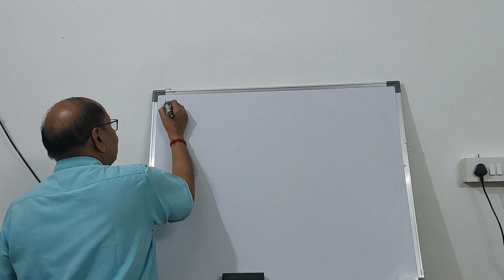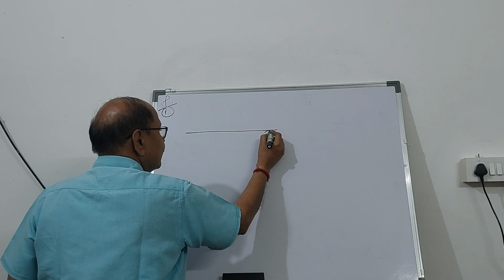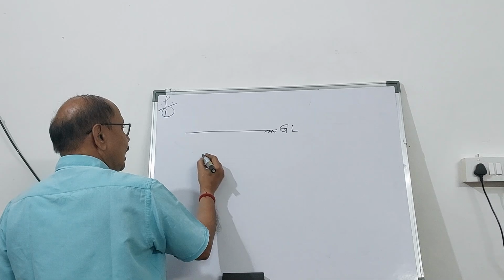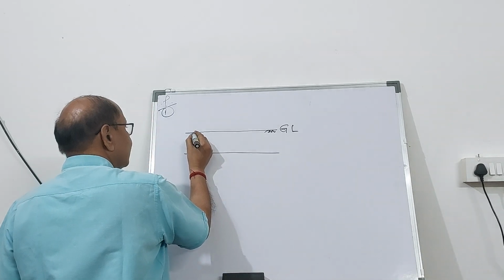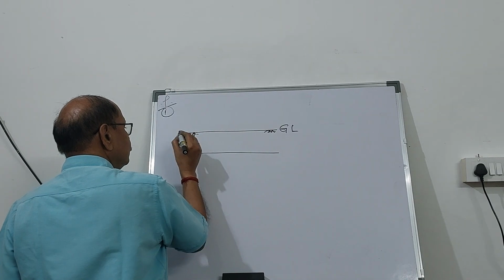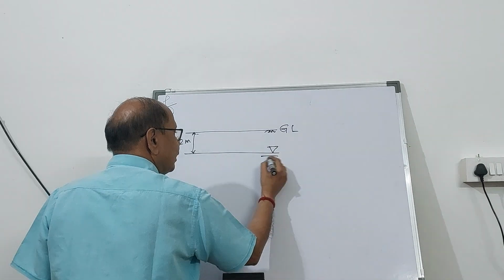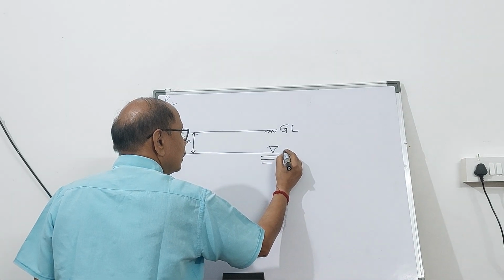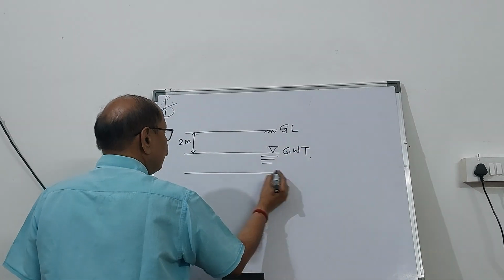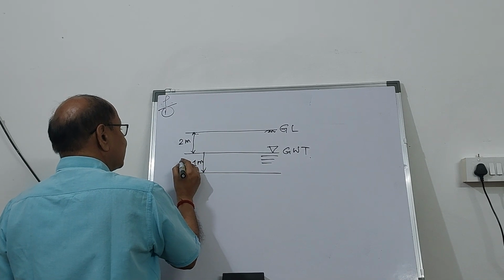One of the problems that has been considered is like this. This is the ground surface or ground level, and at 2 meter depth you have the groundwater table. Then a further 1 meter, it is sand.